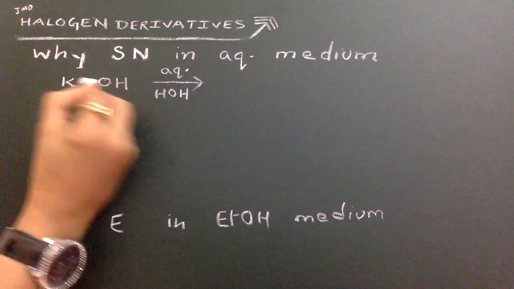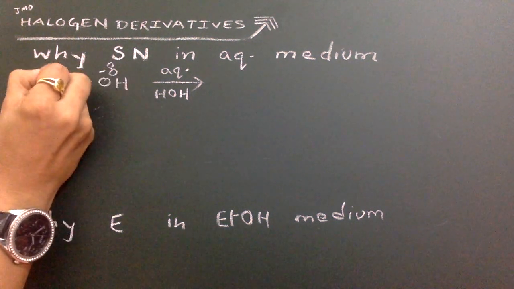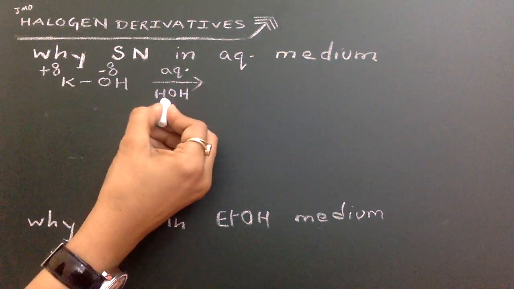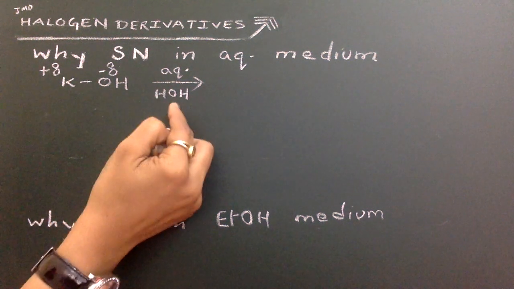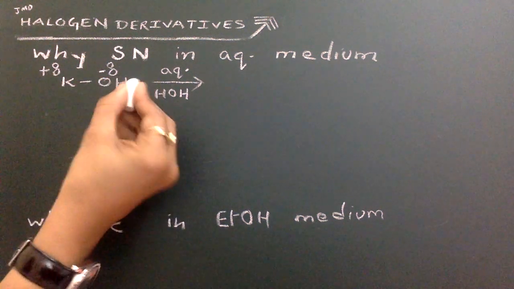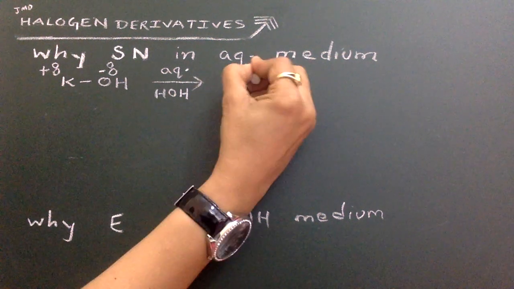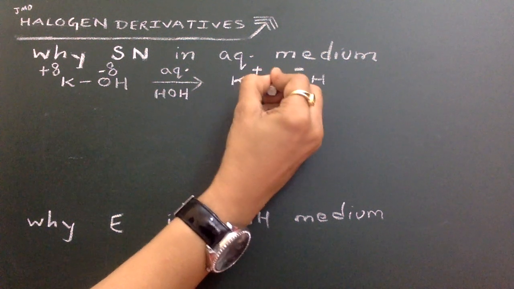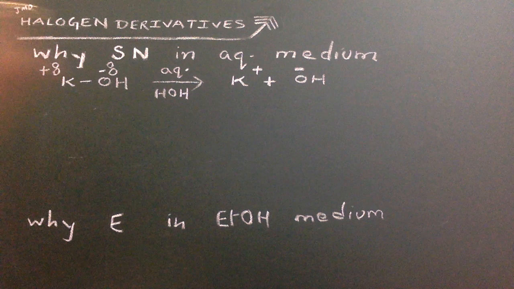Not only that, this is a polar molecule. This is electronegative, this is electropositive. This is also a good polar molecule. Also, it is inorganic. Water is a universal polar solvent. So, like dissolves like. So, this just undergoes ionization. KOH ionizes to give K plus and OH minus ion. Now, forming K plus and OH minus is not a big deal.